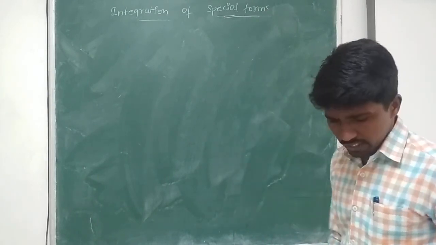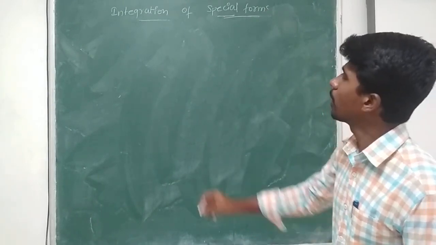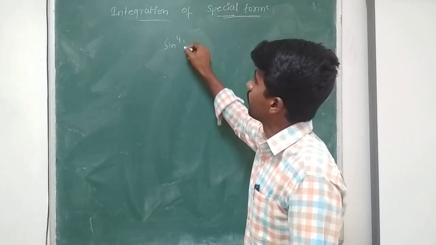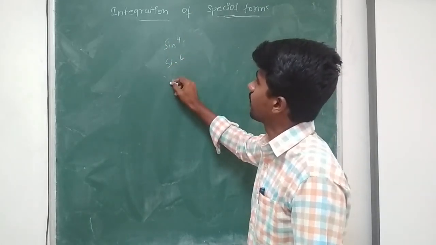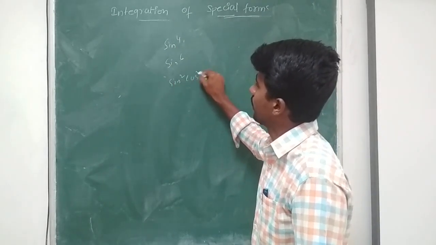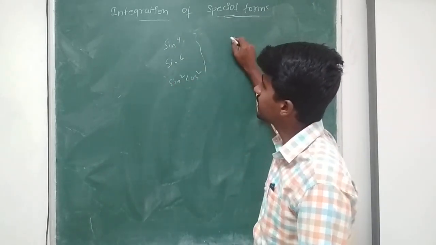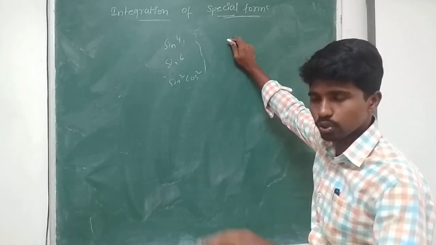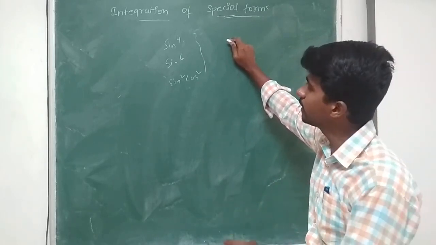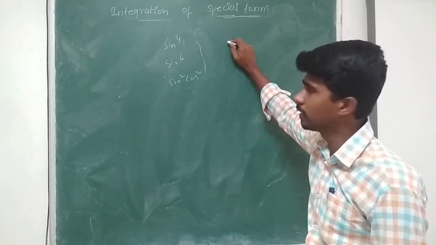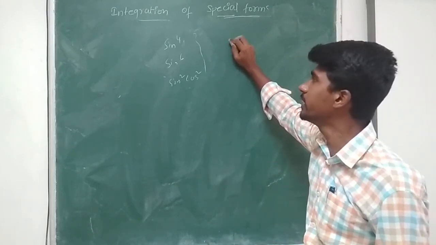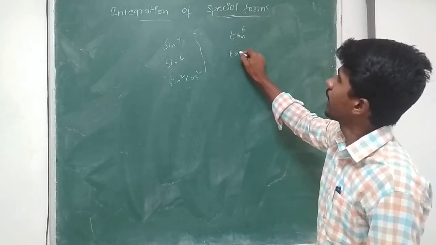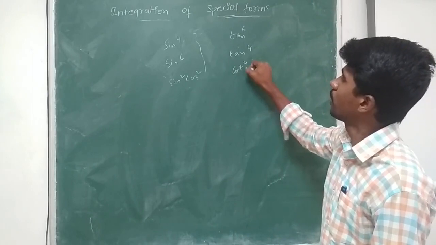So in a previous lecture we learned the powers of sine and cos, or even sine power 4 we found, the sine power 6 we found, and the sine square into cos square we found. These type of things. We didn't see the powers as odd, right? In that particular exercise we learned if the powers are even, and we didn't see those in the form tan power 6 or tan power 4 or cot power 4.